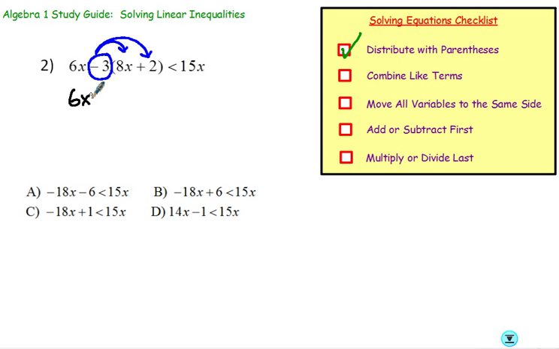So I've got 6x. We haven't done anything with 6x yet. -3 times 8. Well, if we counted by -3 eight times: -3, -6, -9, -12, -15, -18, -21, -24, right? So if we did that 8 times, we'd be at -24. And since there's an x on there, we'll throw the x on there: -24x.